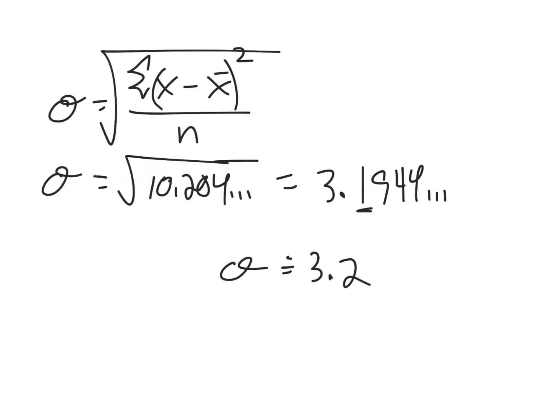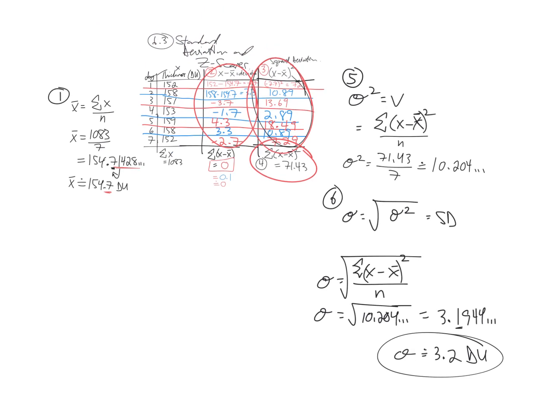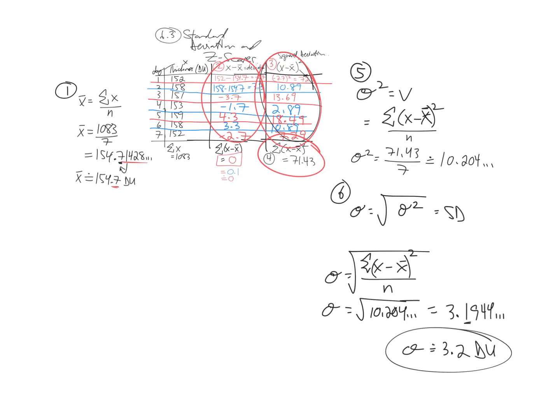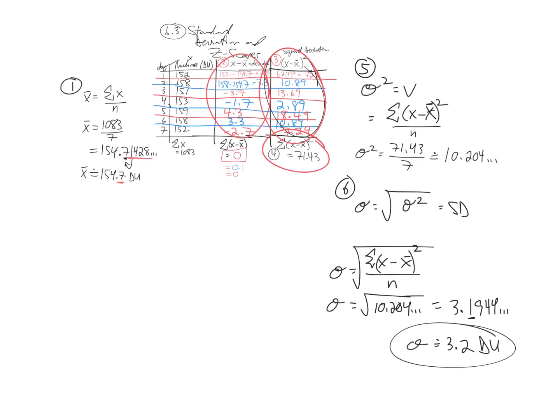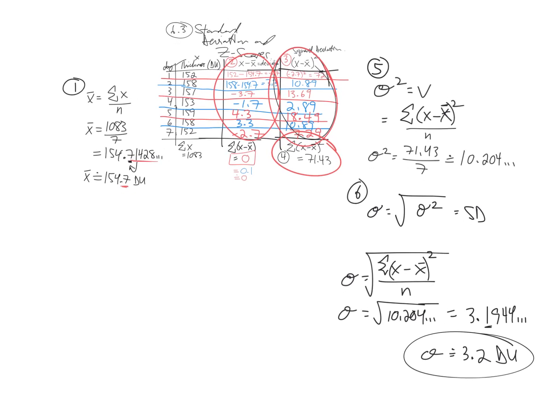And this is in the units of the data set, which is Dobson units. Okay, so we've got standard deviation calculated in 6 steps, where every single data point was taken into consideration, and its deviation from the mean. Okay, so that is standard deviation.